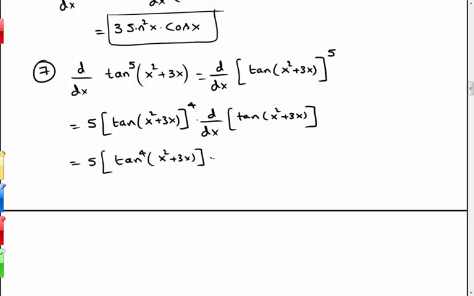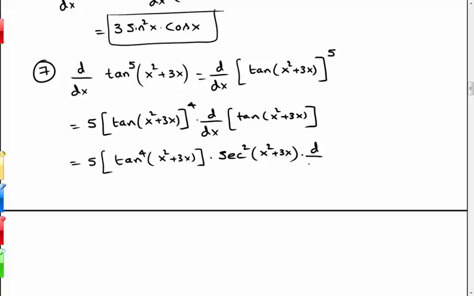This is d dx of tangent of something more complicated. So we apply chain rule again, and d dx of tangent x is secant square x. Therefore, this must be secant square of x square plus 3x.